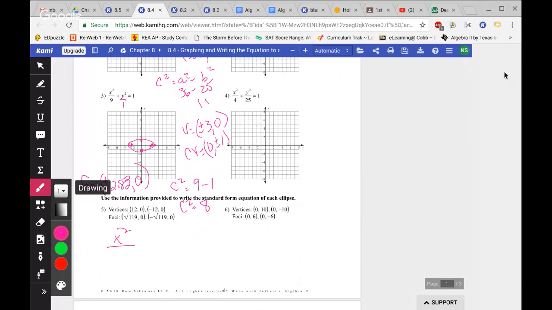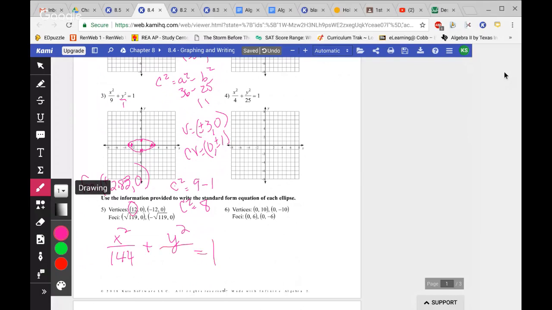So that tells me it's going to be x squared over 144, because you're going to put the largest value underneath the major axis. That's where the vertice falls, is on the major axis. So the major axis in this instance is going to be underneath the x, because of 12 being in the x position. Does that make sense to you all?